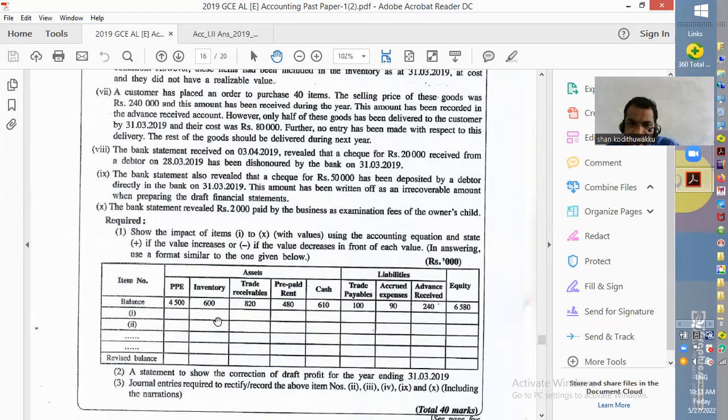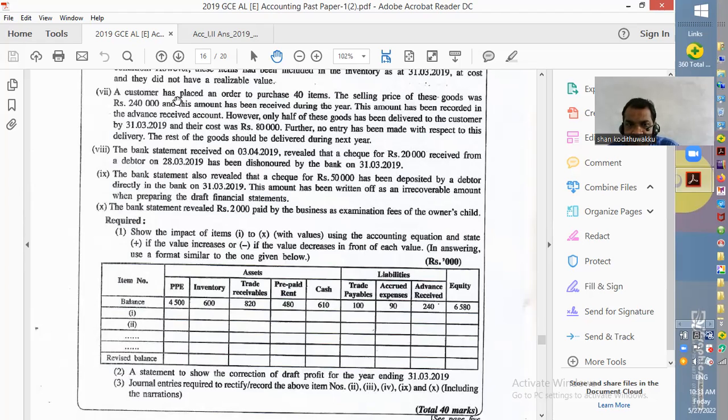Therefore, we have to deduct 80,000 from inventory because still they have sent to the customers only half of that. That is 120 worth of goods. That is the selling price, but the cost of 120,000 worth of goods is 80,000. Therefore, minus 80,000 under inventory.